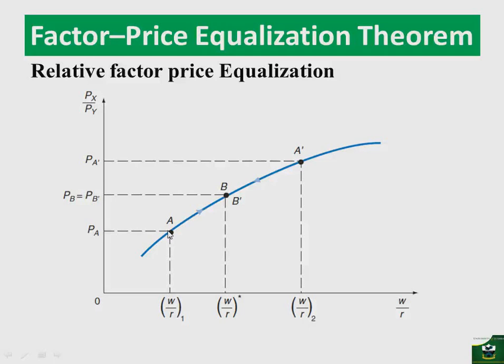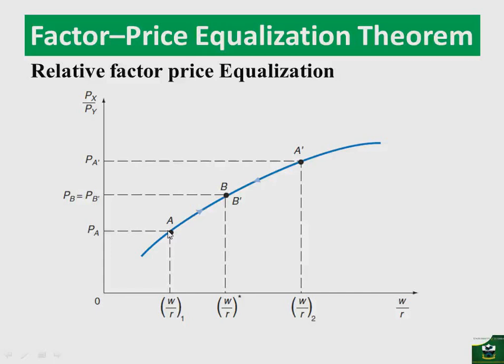As such, the two nations will continue trading, each specializing in the commodity of its comparative advantage, and by exchanging, the relative factor prices and therefore commodity prices in nation 2, which are high, will gravitate downwards towards point B, while in nation 1, where they are lower, the relative factor price as well as the relative commodity price will rise until the two are equalized at point B prime.